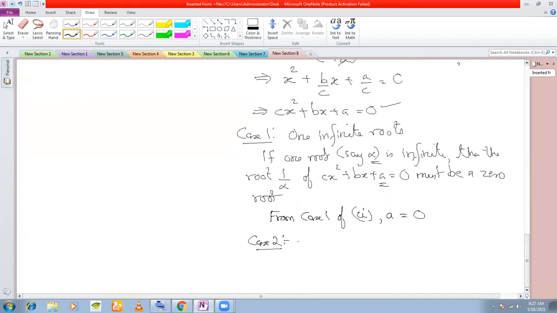Case 2. Both infinite roots, or both roots infinite.